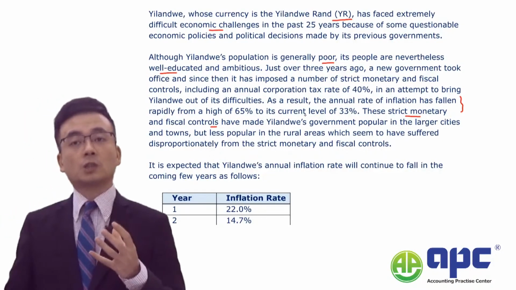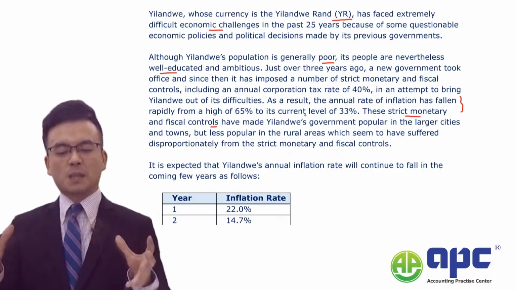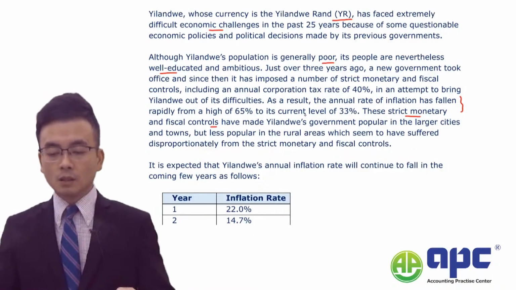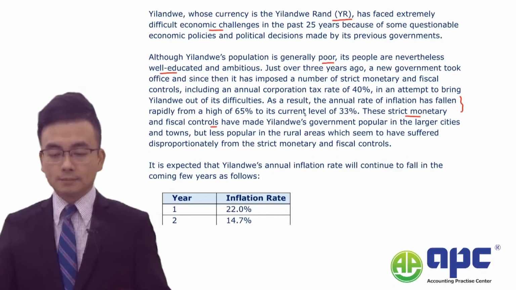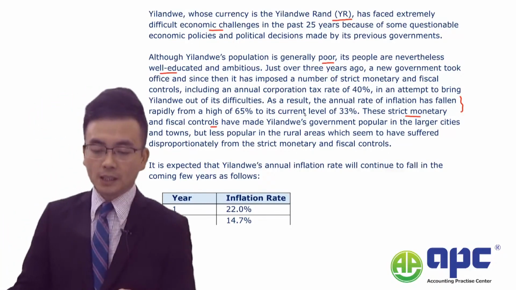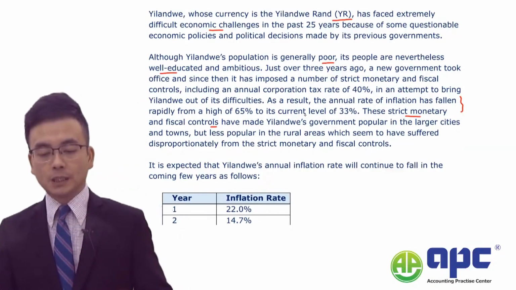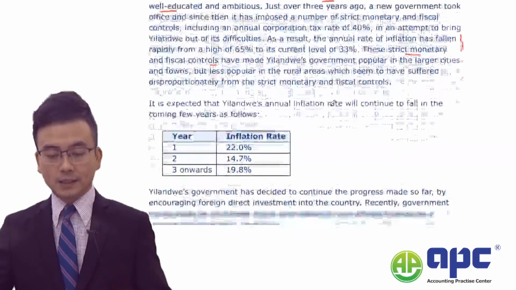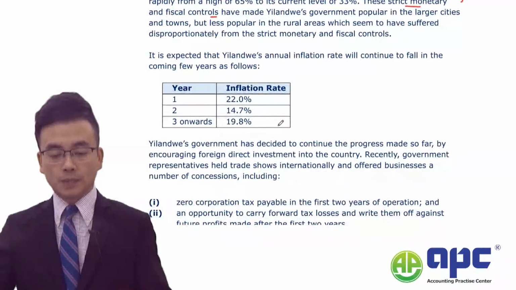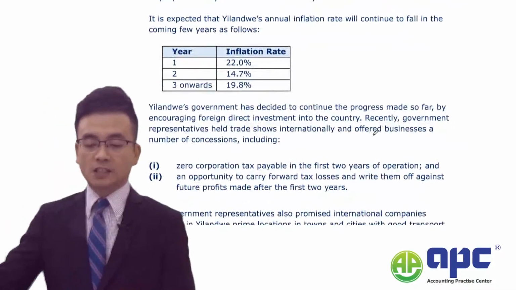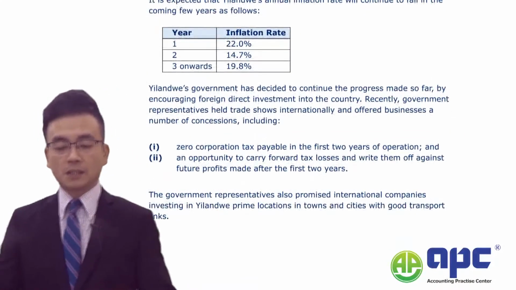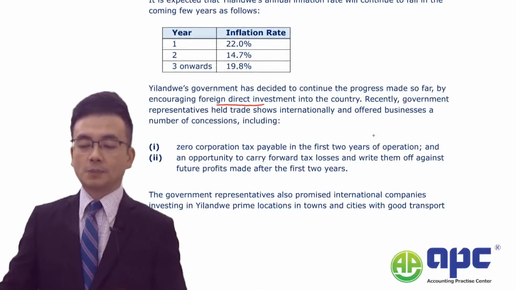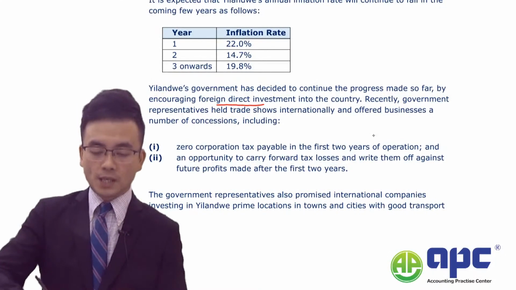And fiscal controls, which means perhaps the tax rate is a bit high to bring down the inflation. Okay, making the government popular in larger cities and towns, but less popular in rural areas. Okay, and expecting that the inflation rate would calm down, the government decided to continue the progress made so far, encouraging foreign direct investment to the country. Okay, right. So we can write something there.